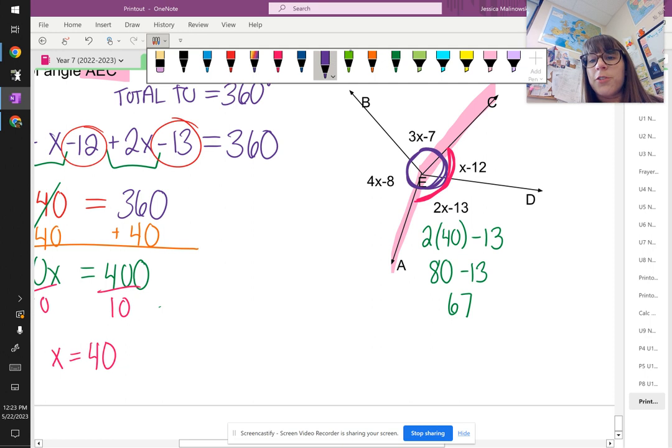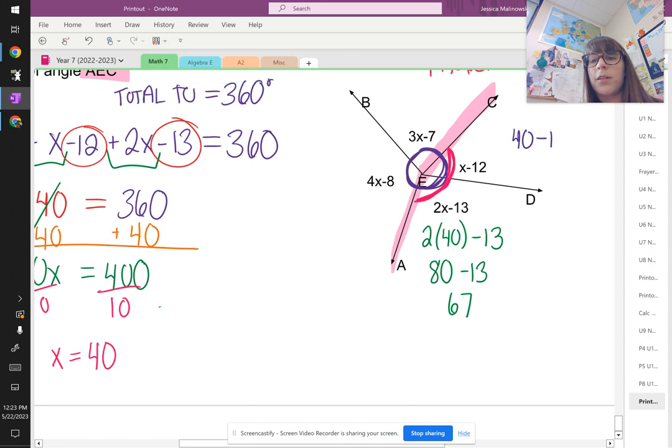And again, we have to also use this angle because this angle is the other part that makes that entire AEC. So x is 40 minus 12. 40 minus 12, 40 minus 10 is 30, minus 2 is going to be 28.